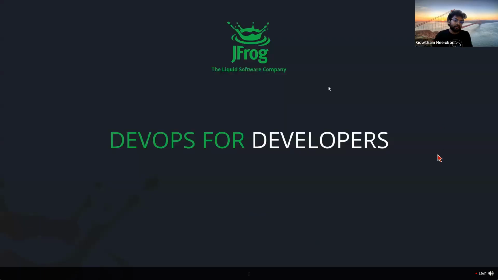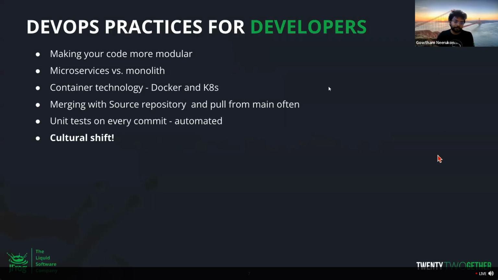Now, what does it mean for developers? Making your code more modular so that every team member or groups of development teams can work on their own module and contribute towards their overall software application.